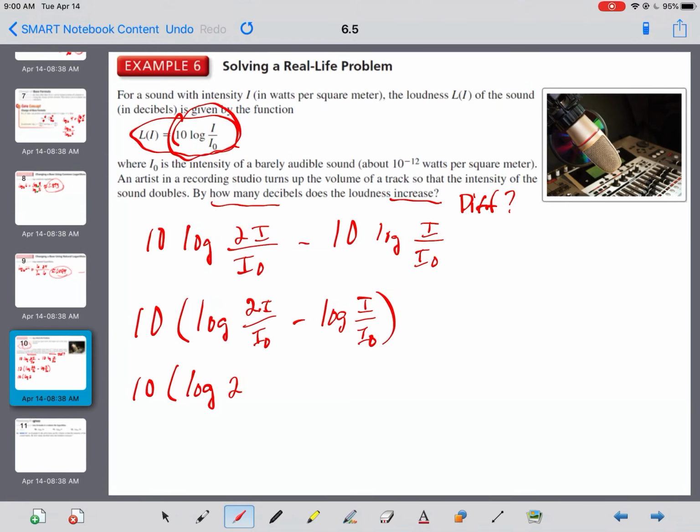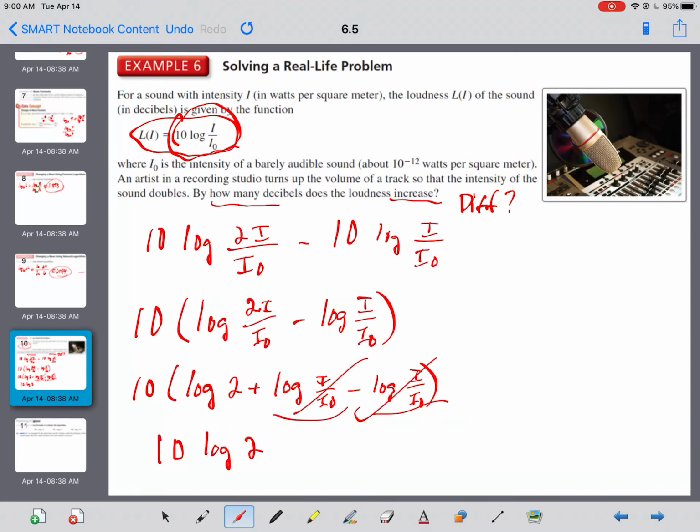And because these are multiplying, we can say 10 times log of 2 plus log of I over I sub 0 minus log of I over I sub 0. And these are the same, so they cancel. So we're left with 10 log of 2. The loudness increases by 10 times the log of 2 decibels, or about 3 decibels.